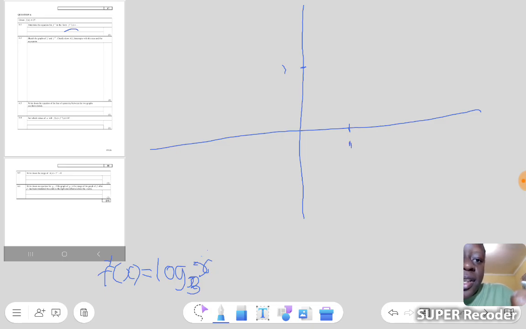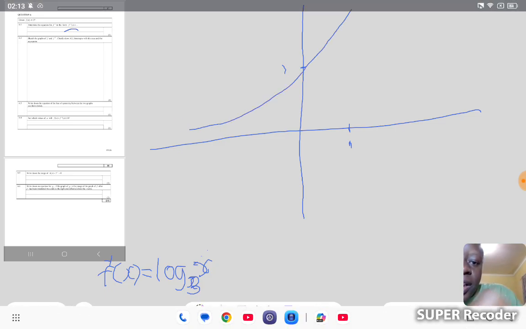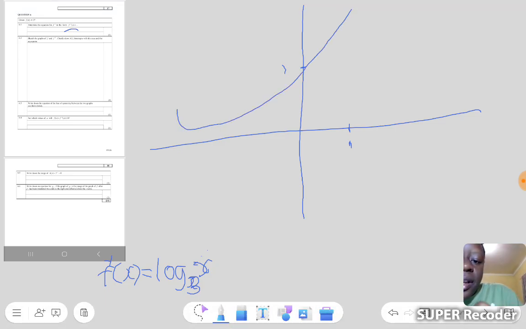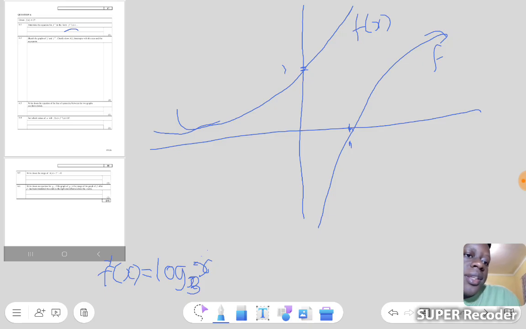If, for example, that will be our graph of f, the inverse of it has to be in this way. Always know that if here it cuts at 1, here it will cut at 1 also. This is the inverse.